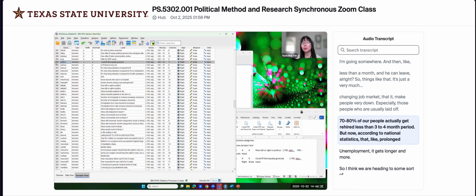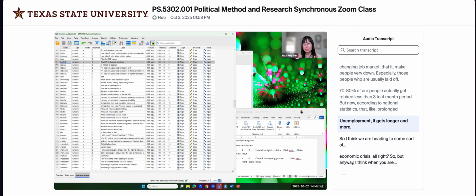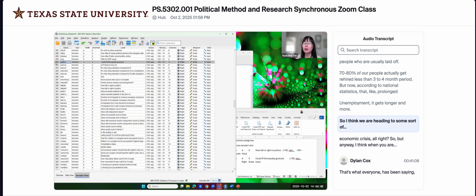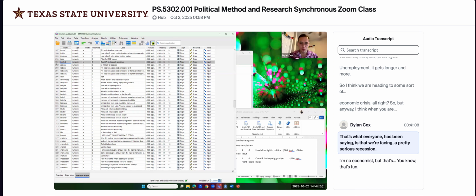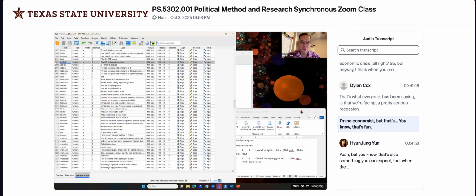But now, according to national statistics, prolonged unemployment is getting longer and more common. So I think we are heading to some sort of economic crisis. That's what everyone has been saying, that we're facing a pretty serious recession. I'm no economist, but that's it.